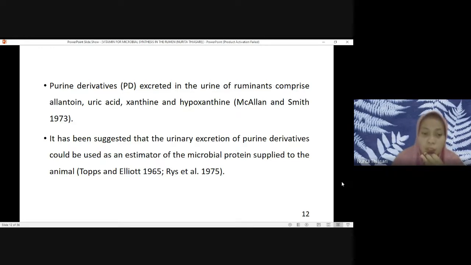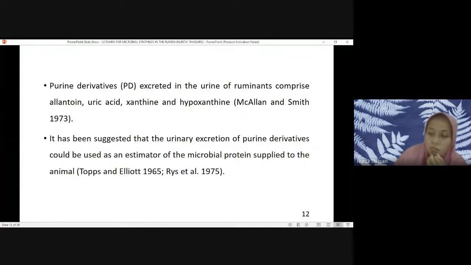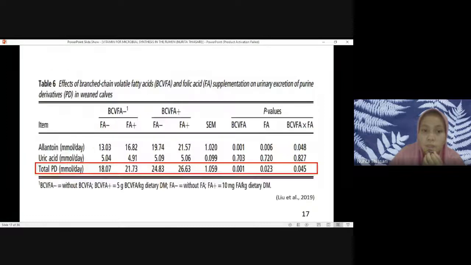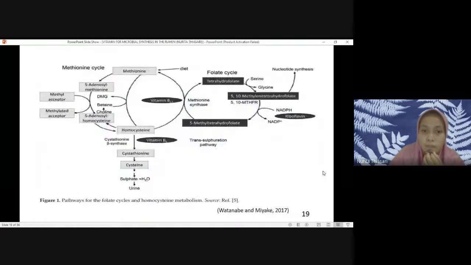So actually other vitamins are very important in microbial protein synthesis. Actually I would like to show this figure.